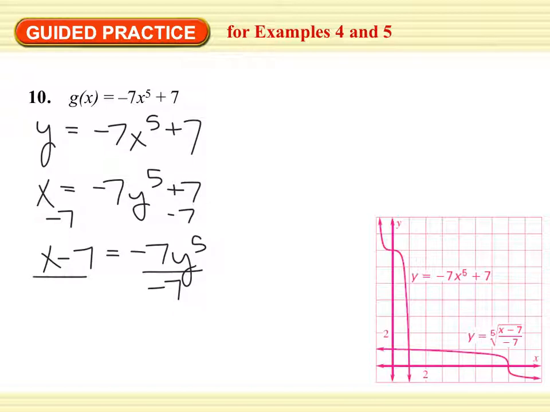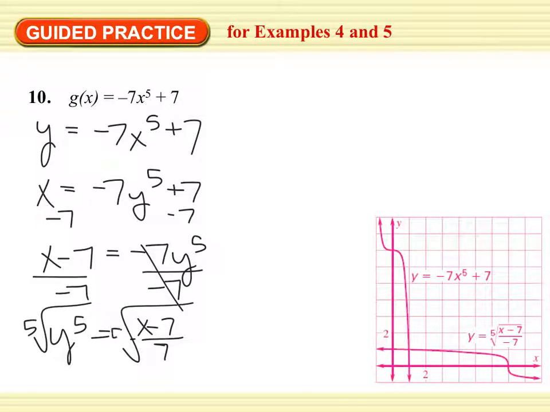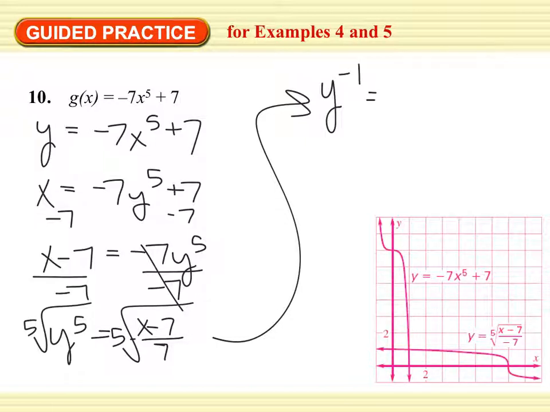Divide both sides by -7. Y to the 5th equals x minus 7 over -7. So I just put the negative out in front. Okay, 5th root of both sides. I get y to the -1 equals the 5th root of x minus 7 over -7. Cool?